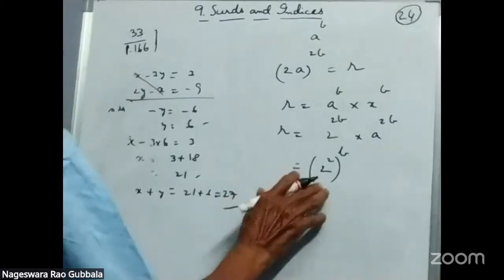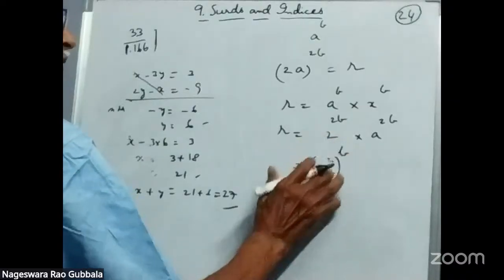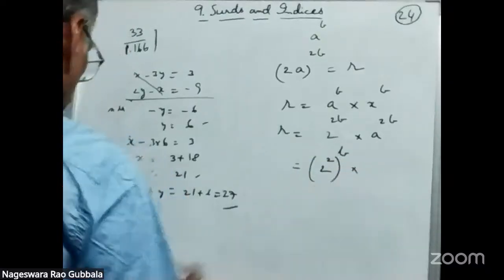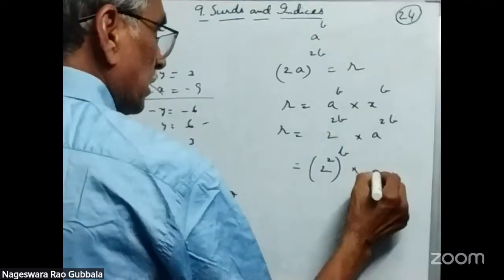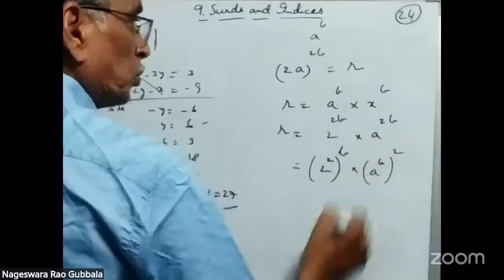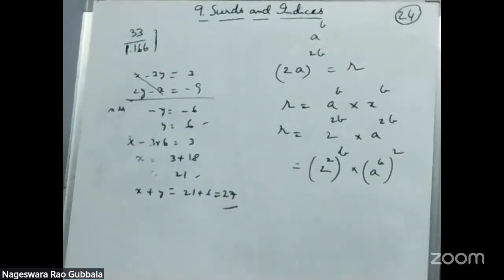But for understanding purposes, this can be imagined as 2 square whole to the power of b, that will be 2 to the power of 2b. Here also, this can be imagined as a to the power of b whole square, b into 2, which is 2b. We don't write b2 generally, only 2b we write.